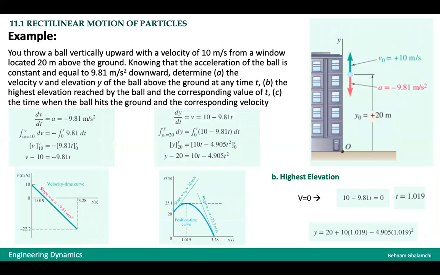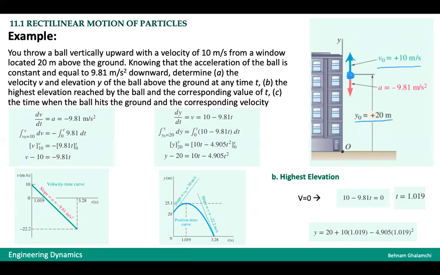The second example is talking about a ball. It's about 20 meters above the ground. We would like to throw it upward with the initial velocity of 10 meters per second.